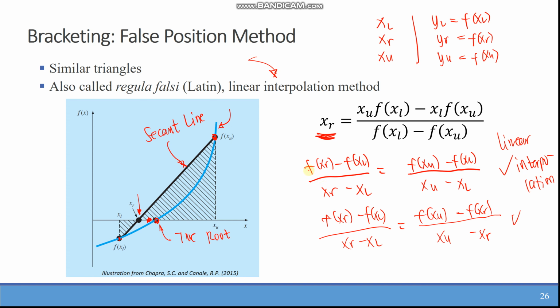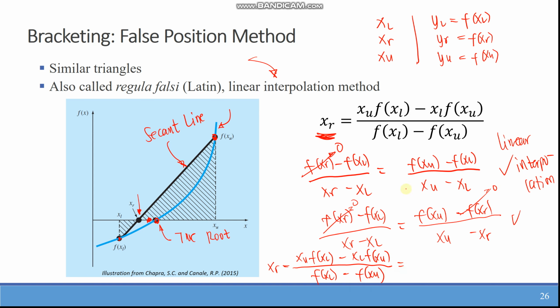So the f of xr, since that is the root, y is equal to 0. So this f of xr is equal to 0, and then you just calculate for that one. For xr, you will arrive at xr is equal to xu f of xl minus xl f of xu all over f of xl minus f of xu.